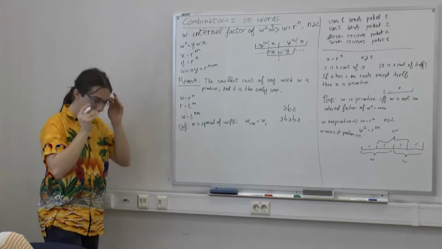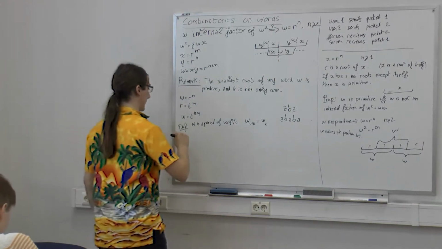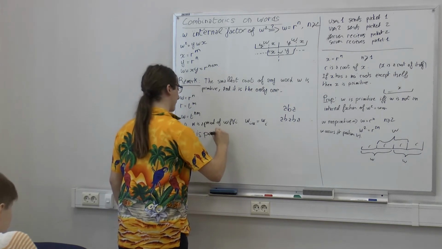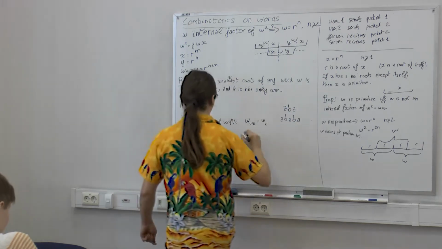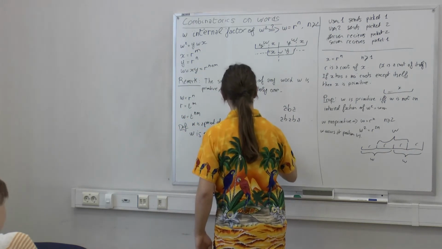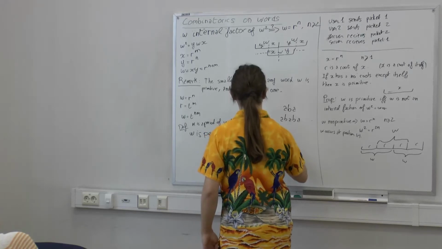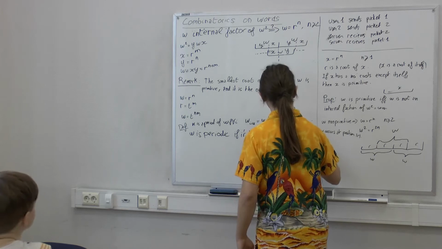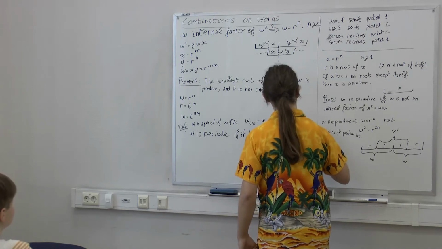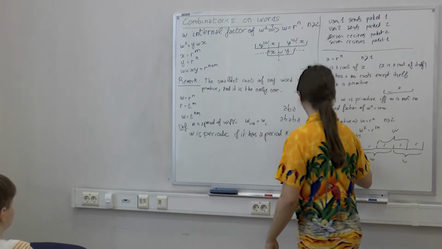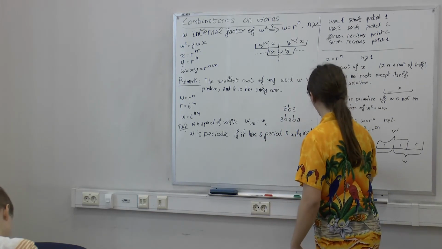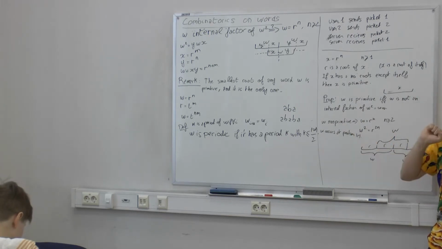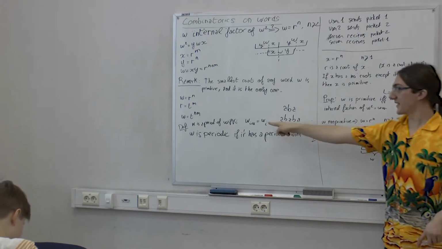And the standard definition of periodic is: W is periodic if it has a period K with K less than or equal to the length of W divided by 2. This is a bit strange. A period is just anything satisfying this.